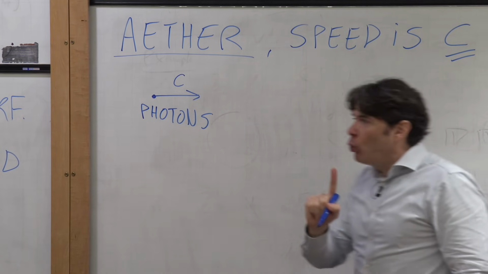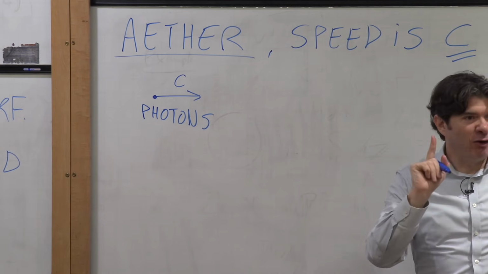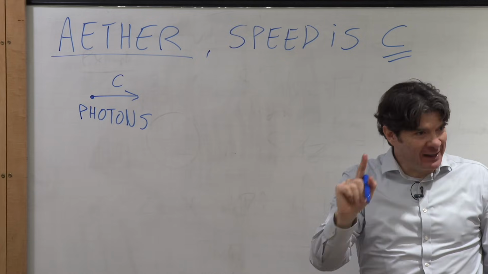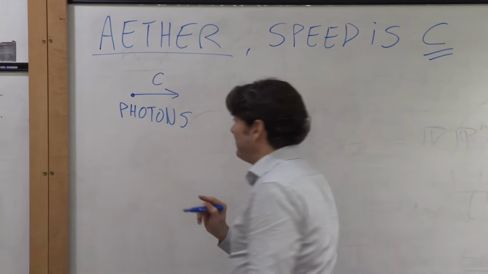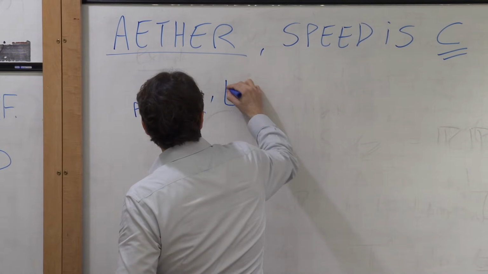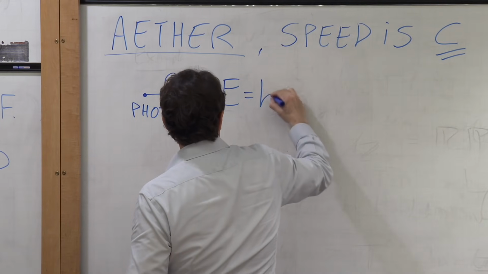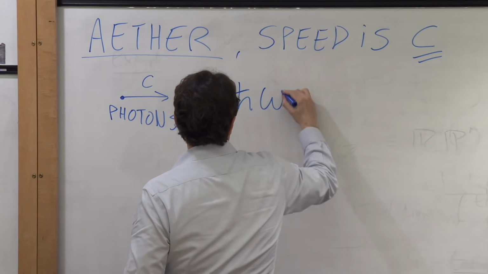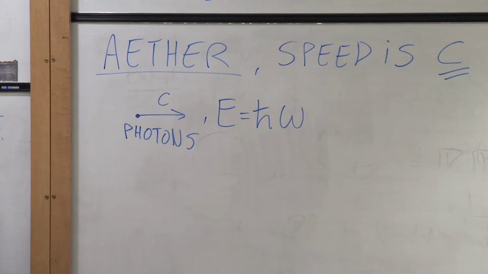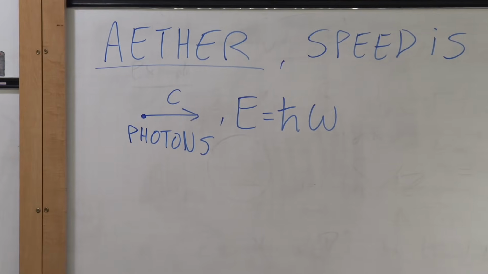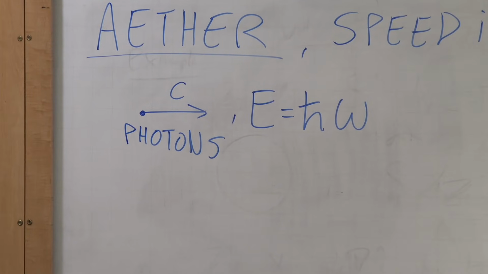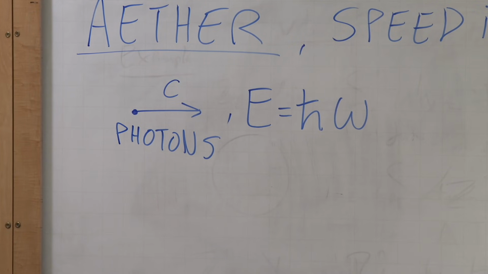And we will use one small result of quantum mechanics, and we will come back to that later. The result is that the energy of this photon is a constant times the frequency of light. This is a result we borrow from quantum mechanics.